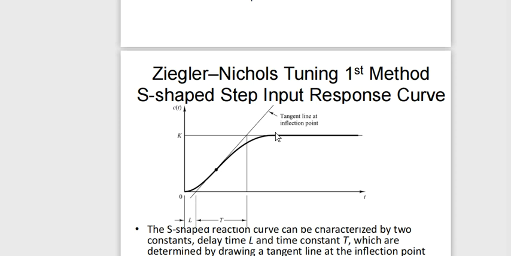We are giving a step input and the system consists of neither integrators nor complex conjugate poles. Then the output is like an S-shaped curve without any overshoot.